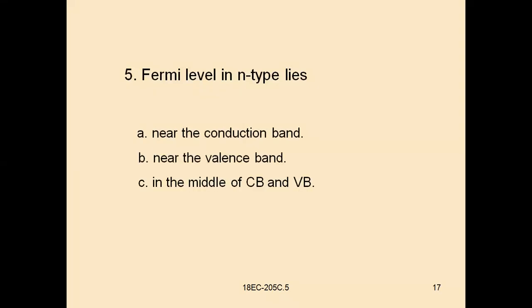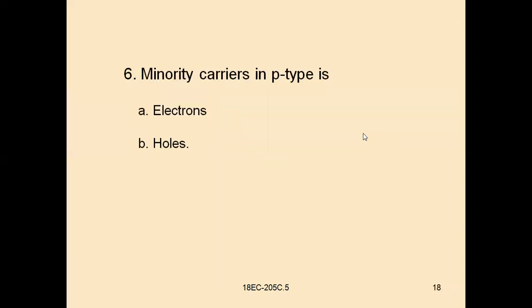Fermi level in n-type lies near the conduction band. Minority carriers in p-type are electrons. In p-type the majority carriers are holes and the minority carriers are electrons. Okay.